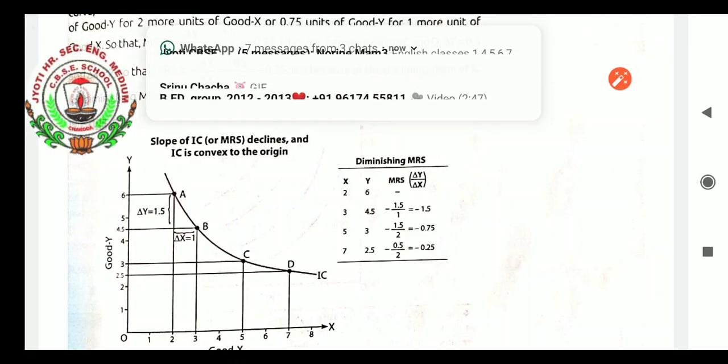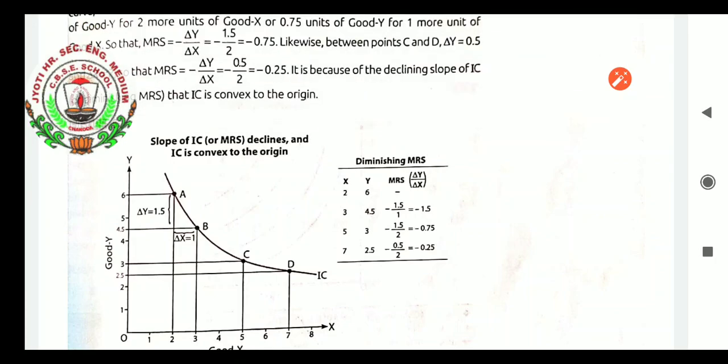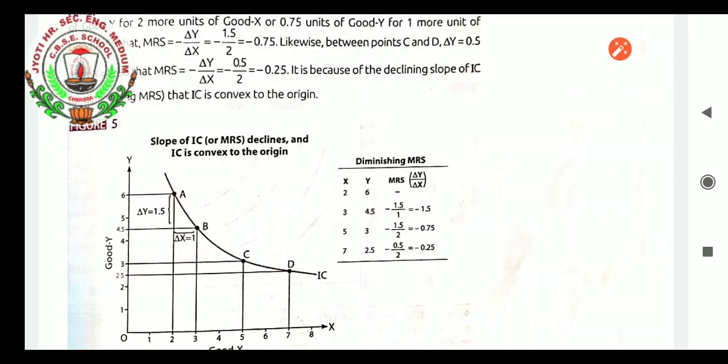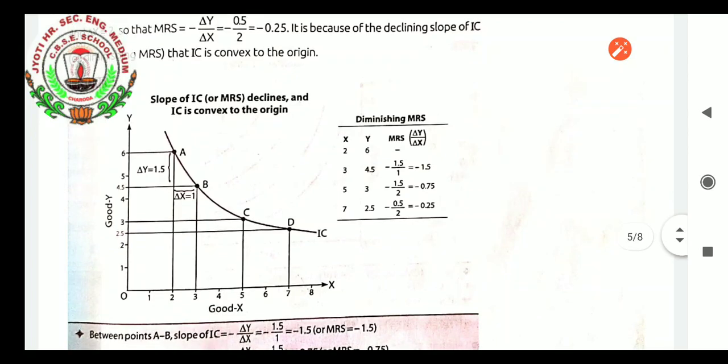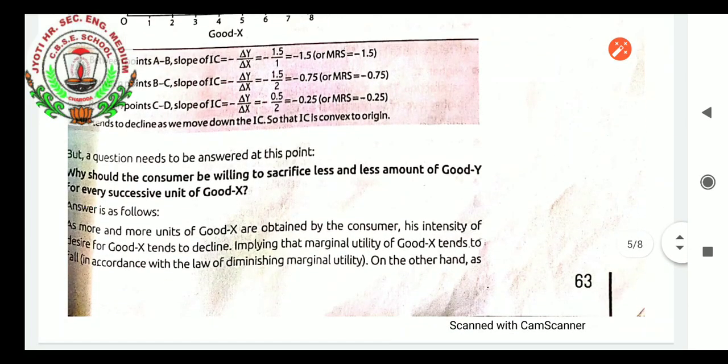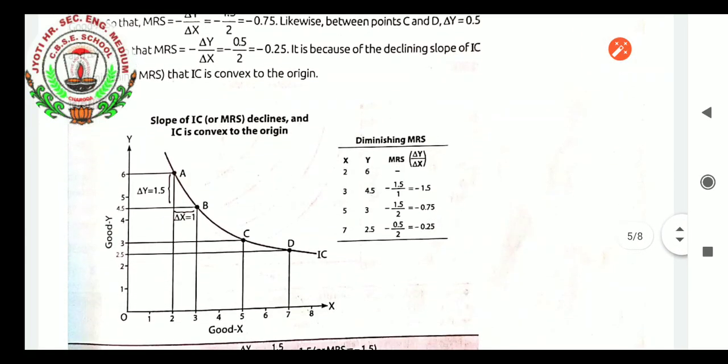We will not completely eliminate Y from here. Here we will be slowly reducing Y to gain the X product. So here you can see Y is slowly going down and the X product is slowly increasing. This itself is known as the marginal rate of substitution of the value of Y for the value of X, to get more satisfaction related to the X commodity.